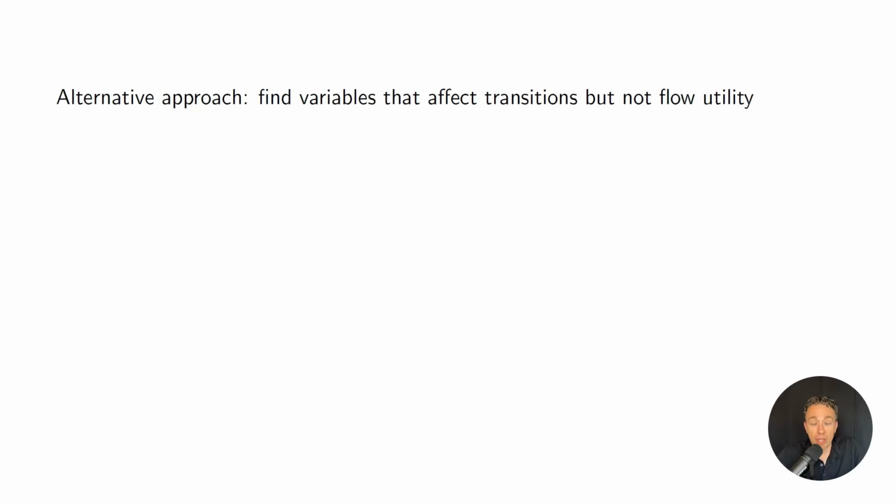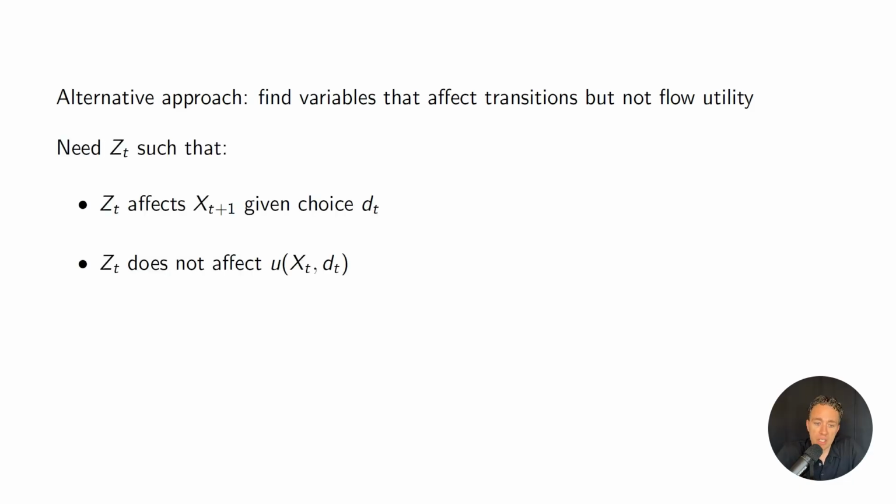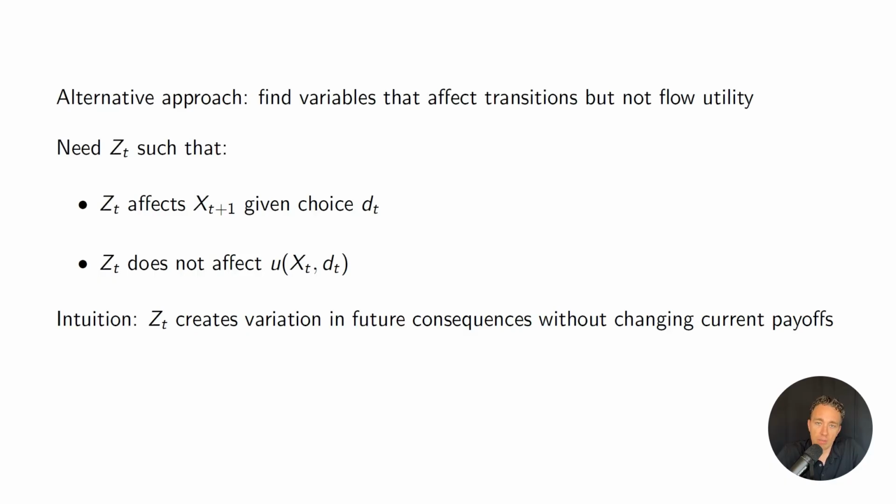So how to get around this? Well, besides making strong assumptions about the shape of the utility function, we could alternatively find variables that affect state transitions but not flow utility. So if we have such a variable z_t that affects the future state given the current choice, but does not affect the utility of the current choice or at the current state, then we can use this to separately identify the discount factor from preferences.